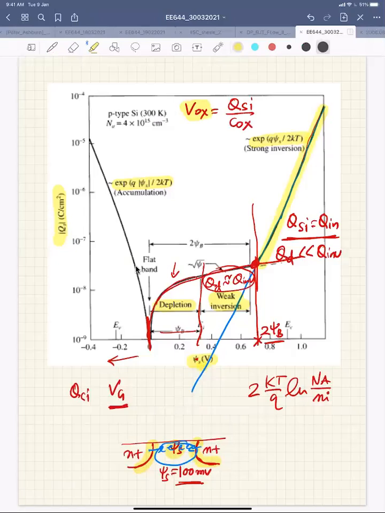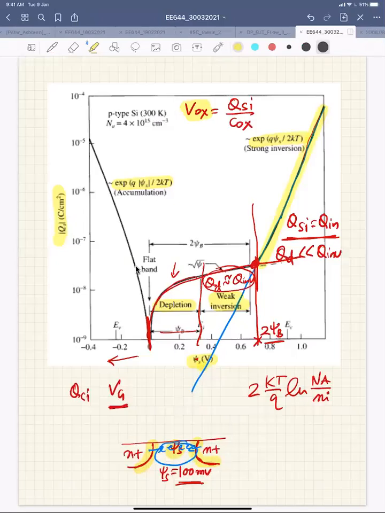So when you increase Vg by an amount delta, out of that delta, 90% will drop across the oxide, because your charge is increasing exponentially. So the voltage drop in the oxide will increase: 90% of it drops in the oxide and only 10% drops in the silicon.